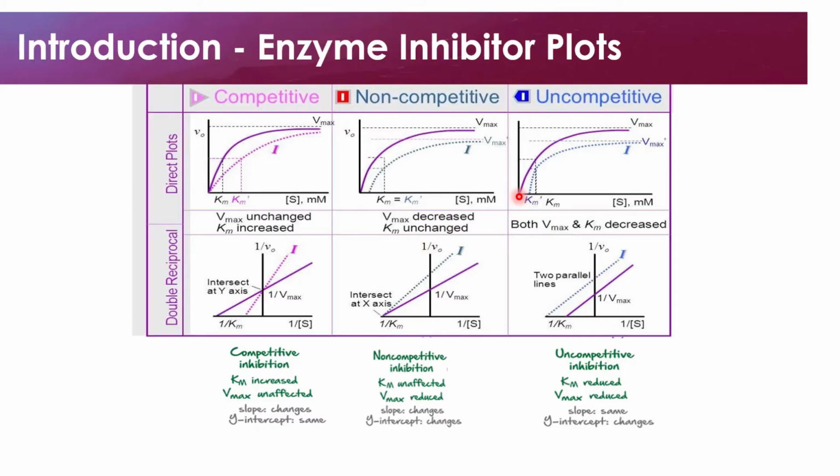And for the double reciprocal plot, we can see that the Km is still reduced. The V maximum is also reduced. The y-intercept also changes, but the slope for these two reactions remains the same, and this is indicated by the two parallel lines seen here.